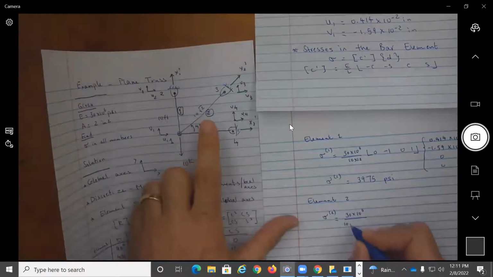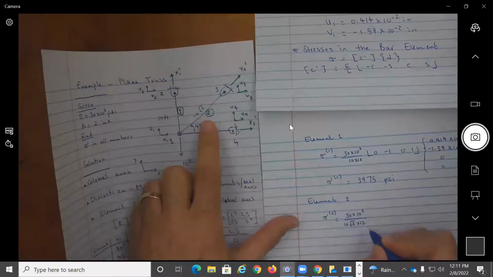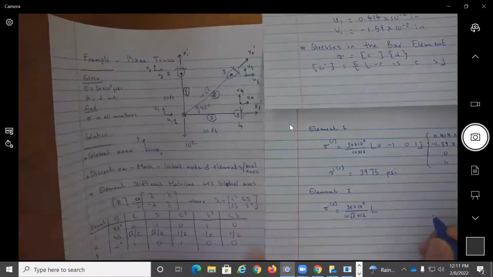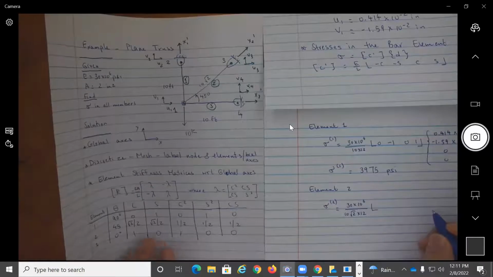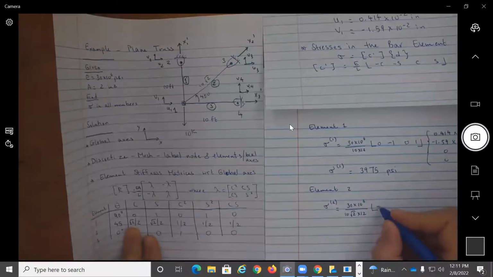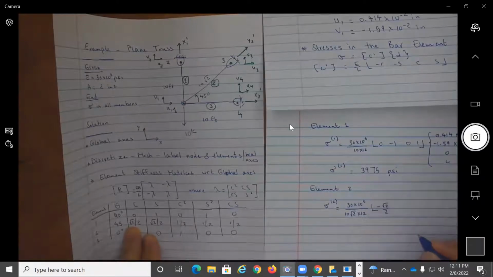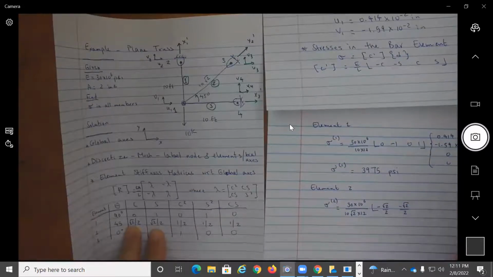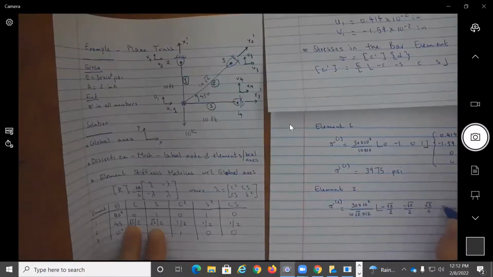So for element 2, the length is 10 square root of 2 times 12 multiplied by minus C. That will be minus the square root of 2 over 2, minus S is minus the square root of 2 over 2, plus C square root of 2 over 2 and a plus S the square root of 2 over 2.